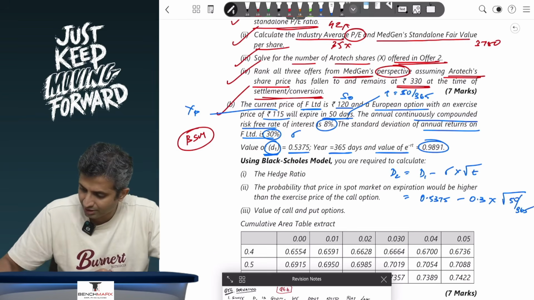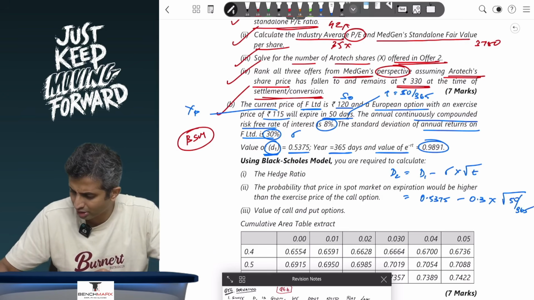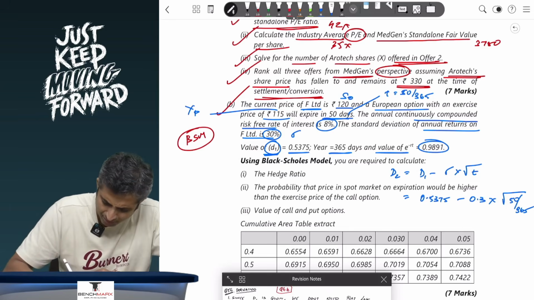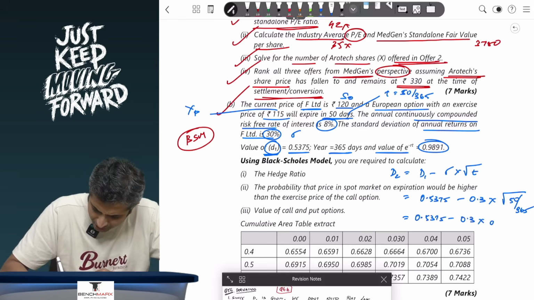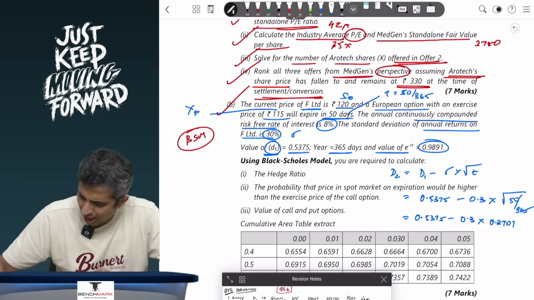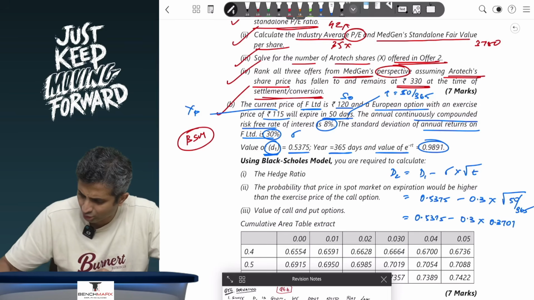If I take 50 divided by 365, whatever that number comes, square rooted, it comes to around 0.136 square rooted. This is 0.3701 if I'm not wrong.